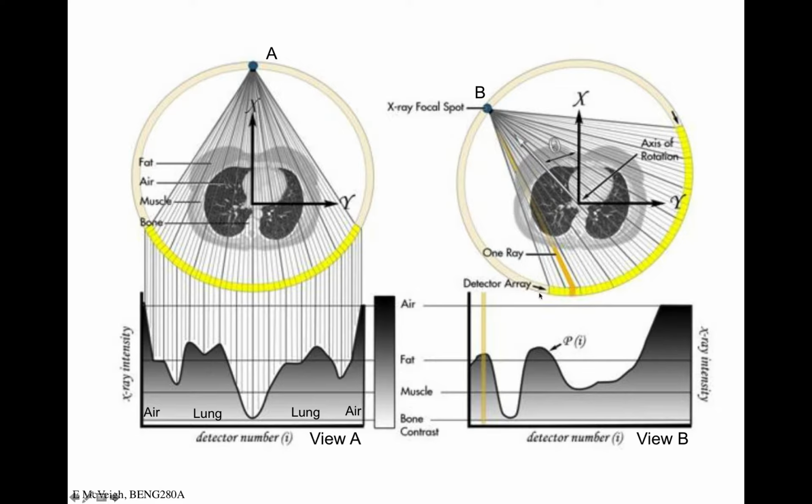And then this guy over here is the one that was the lucky detector that's looking through that bone, right, this way. So you essentially just measure this at about 1,000 angles, okay? So I've got 1,000 of these functions, these profiles, and we're going to use that to reconstruct what's in there.